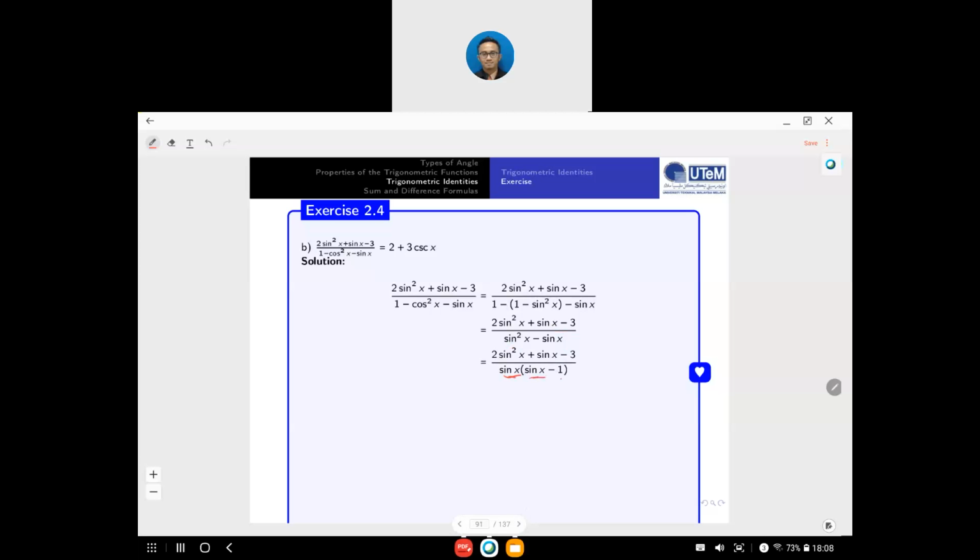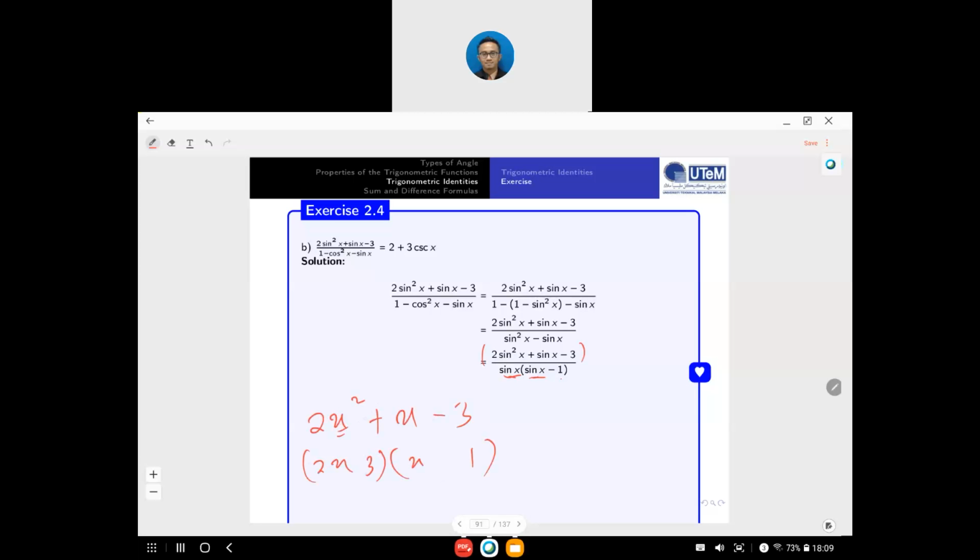Okay. Your denominator, numerator also the same thing. You can factorize. Seolah-olah macam 2x square plus x minus 3. Okay, whereby x ni adalah sin x. Yang ni kan awak boleh factorize. Factorize jadi macam tu. 2x, this one is x. 3, 1.